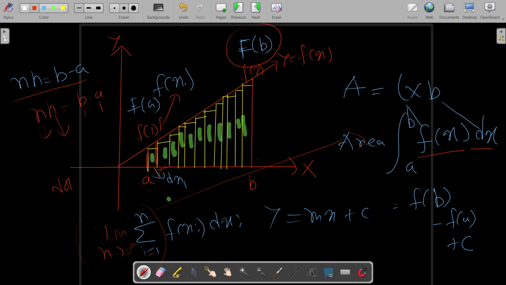This c is actually, you can see there are small places where we cannot find the rectangle. These parts are not captured by the rectangular parts, we are missing them. So we are adding one constant term, which is called the integration constant. In definite integration, this integration constant is omitted. That is the main difference.